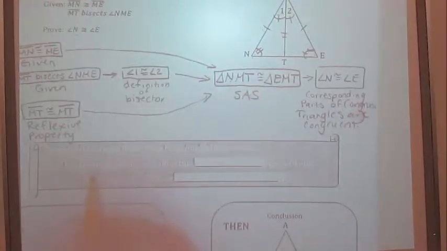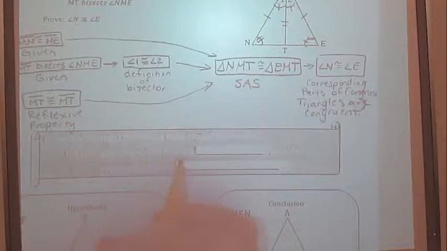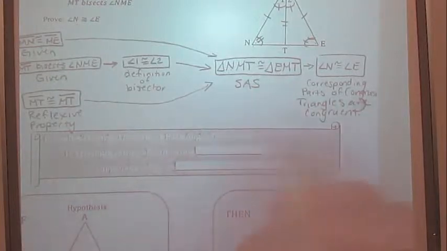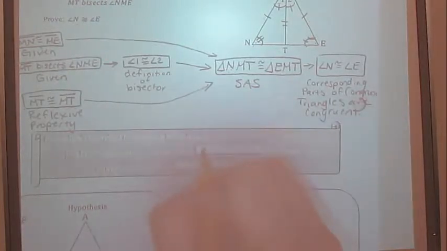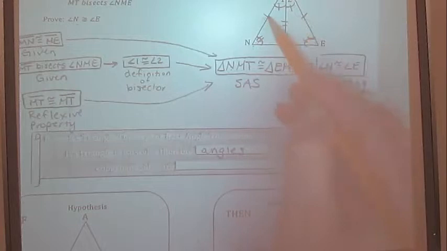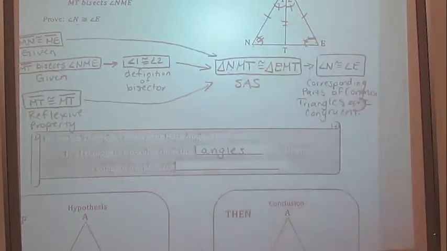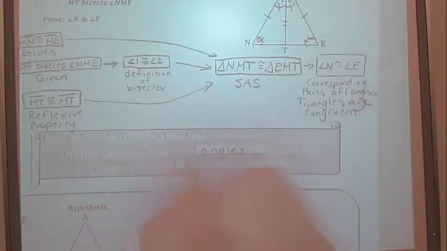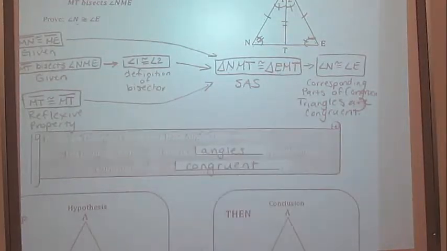So if a triangle is isosceles, then the angles that are opposite the congruent sides, so this angle is opposite this congruent side, and this angle is opposite this congruent side, then they are congruent. Those base angles are going to be congruent.